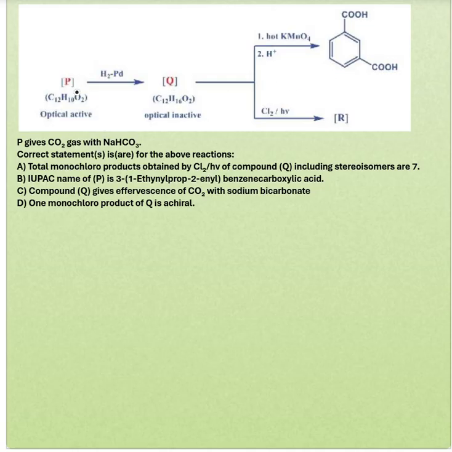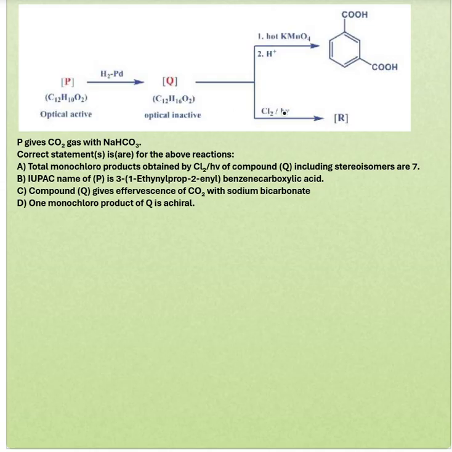So there is a molecule P with the molecular formula C12H10O2 and it is optically active. Upon hydrogenation, it forms an optically inactive molecule Q, and you see there are 6 hydrogens added. The Q molecule upon oxidation using hot KMnO4 forms a dicarboxylic acid.